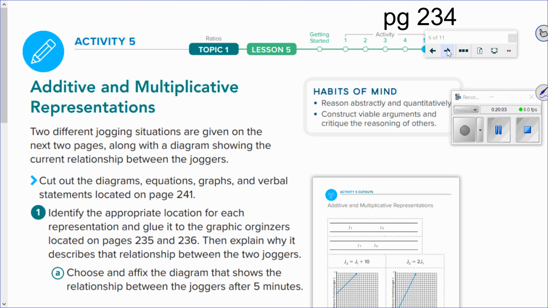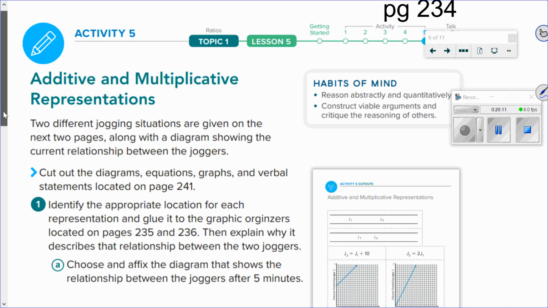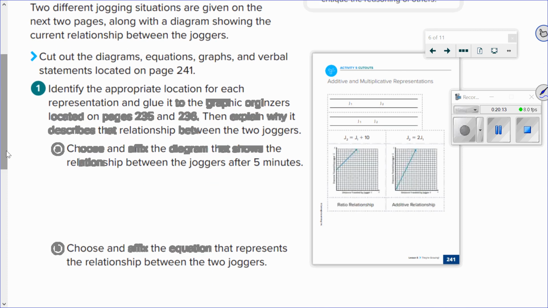Okay, let's go to page 234. Two different jogging situations are given on the next two pages, along with a diagram showing the recurrent relationship between the joggers. So, cut out the diagrams, equations, graphs, and verbal statements located on page 241. I'm actually not going to have you do that.